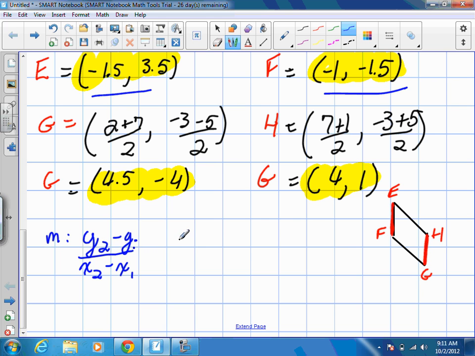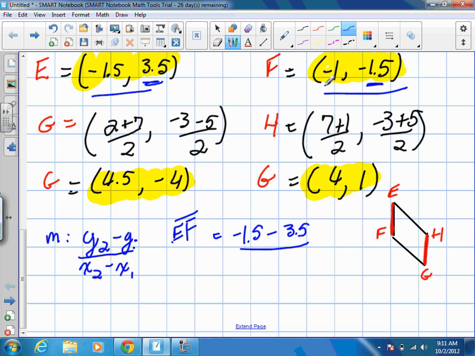So y2, I'm going to call this our y2, so negative 1.5, subtract our y1, 3.5, divided by x2, negative 1.